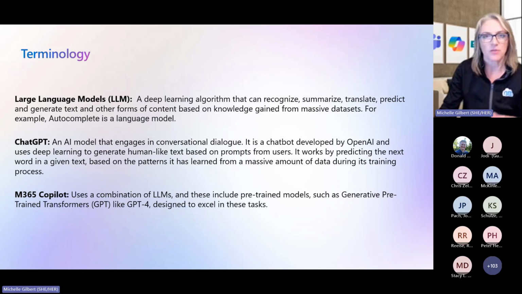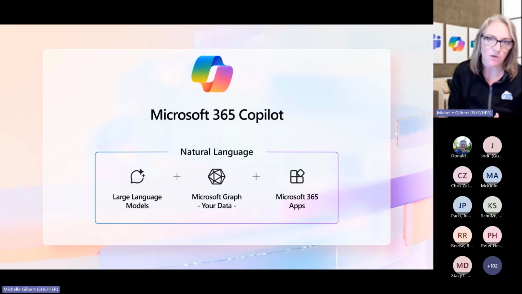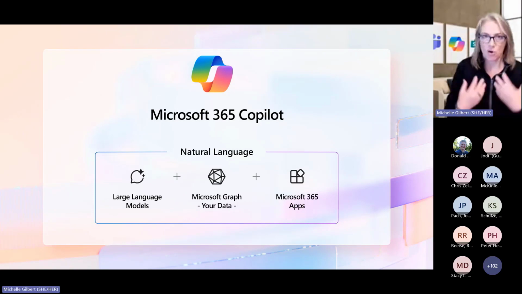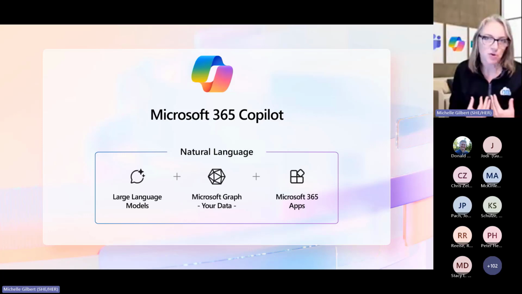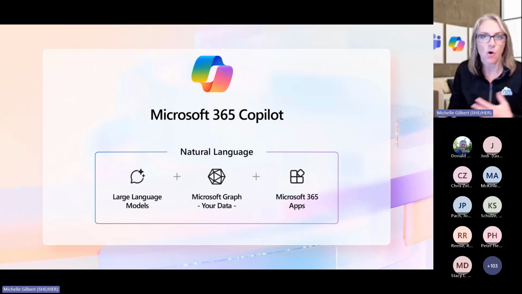So when you think of Copilot, think of it in 3 ways. It's a combination of the large language model in our Azure OpenAI service, connected to the Microsoft Graph, which really equates to your data. This is very similar to your identity. It knows who you are. It knows who you're connected to. It knows what files are in SharePoint, OneDrive, and the chats that you have inside of your email or in Teams.